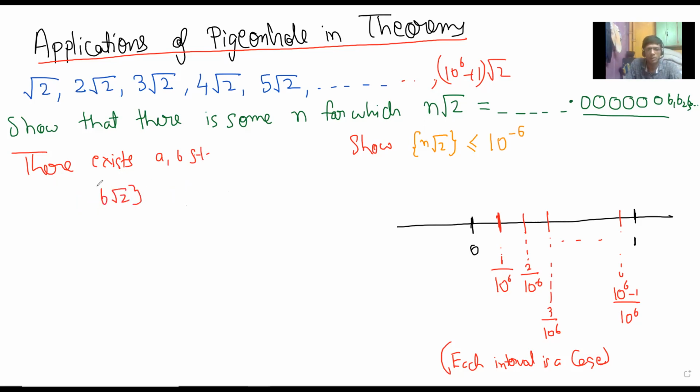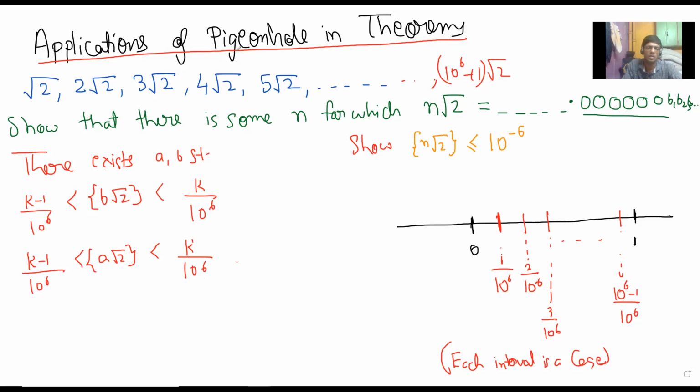The decimal part of this is in some cage, so it will be between k minus 1 by 10 to the power 6 and k by 10 to the power 6. And similarly, there is another one which is in the same cage. Now someone should try to complete this for me. This should be easy.